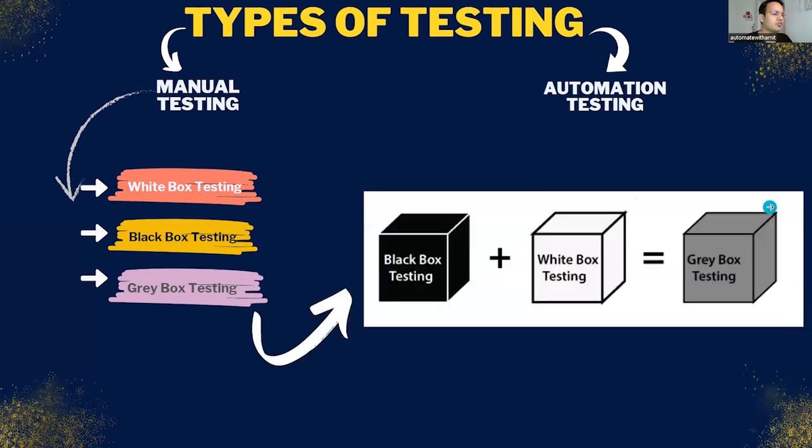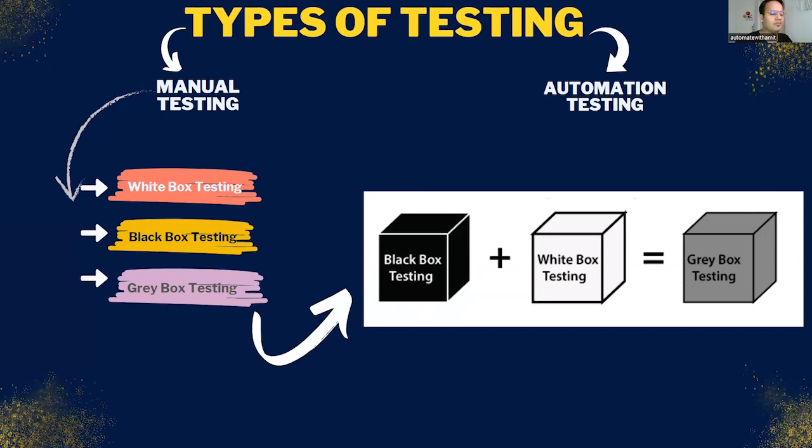Number 3 is gray box testing. As the name says, gray means it's a combination of black and white. In gray box testing, a certain coding part of the application is already shown or accessible to the tester.